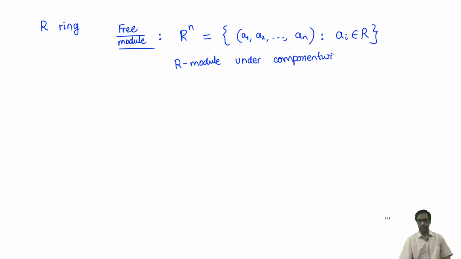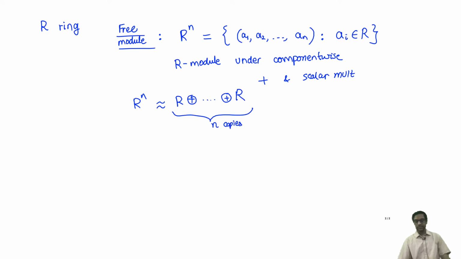Since we have talked about direct sums, this is actually nothing but another way of saying look at R thought of as a module over itself, and this is isomorphic to the direct sum of R with itself n times. You take n copies of the ring R thought of as a module over itself, and that direct sum is exactly what we are thinking of in this way.